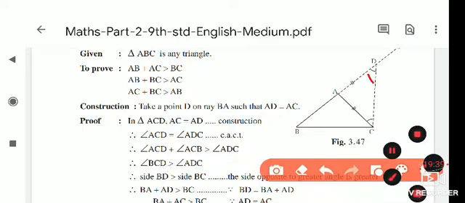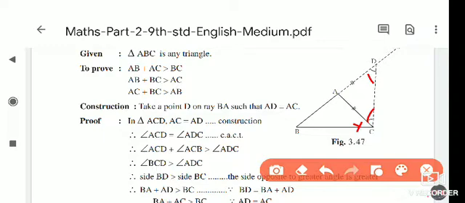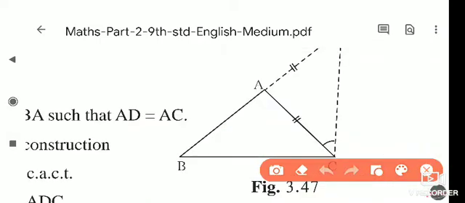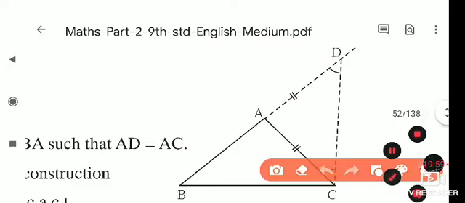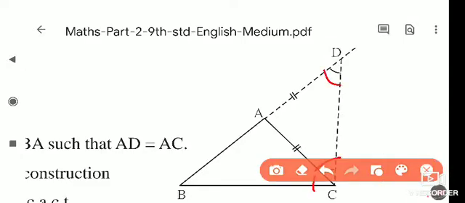Okay, these two are congruent angles, and if I add any angle inside, even a 1 degree angle, then angle DCB is greater than ADB. So we showed that these two angles are congruent, and if we add angle ACB to it, then angle DCB is greater than angle ADB.